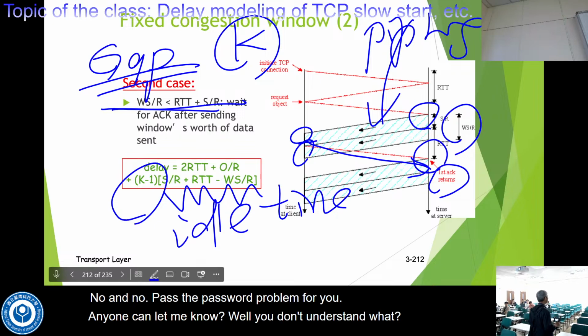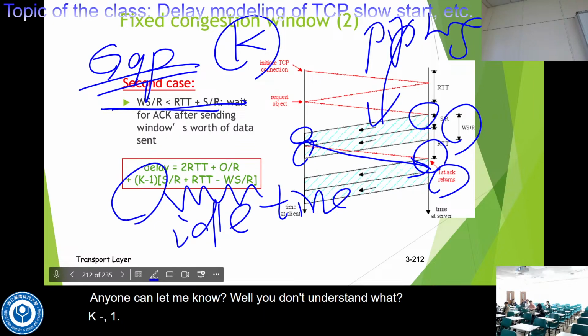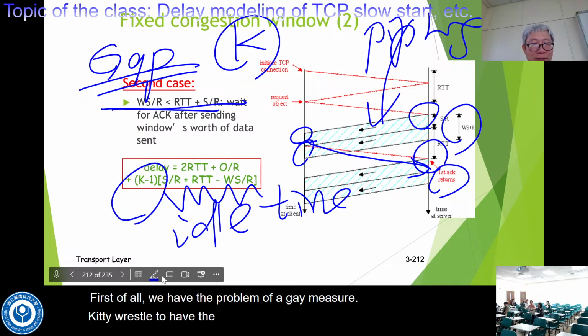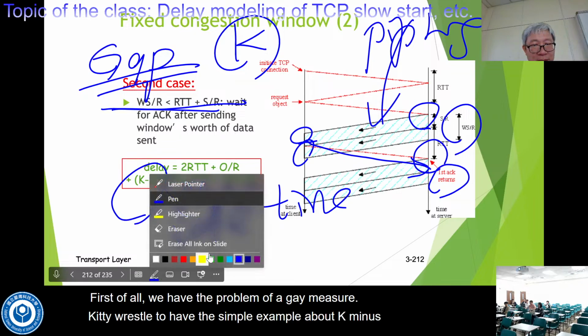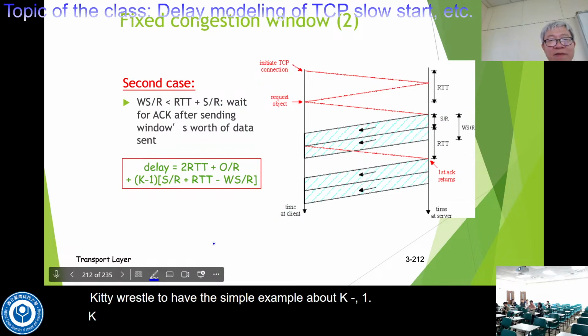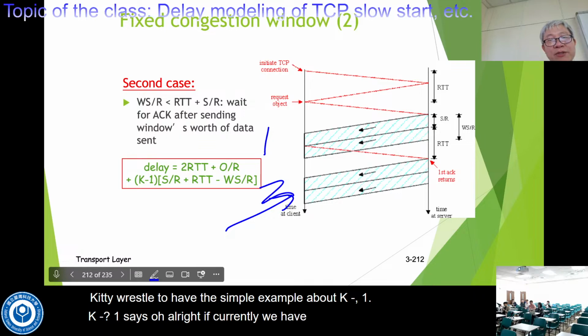K minus 1. Oh, okay. First of all, we have the problem of K minus 1. Let me give a simple example about K minus 1. If currently we have window 1 and window 2, so K equals 2.